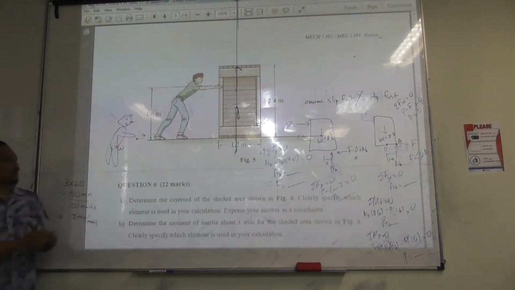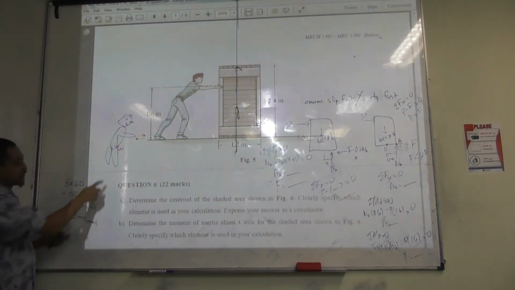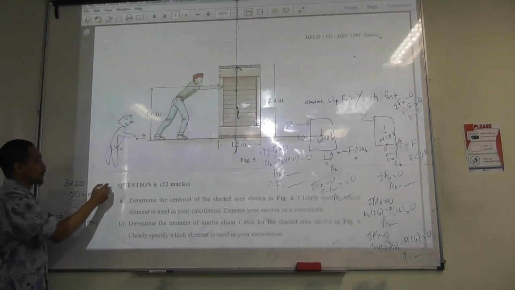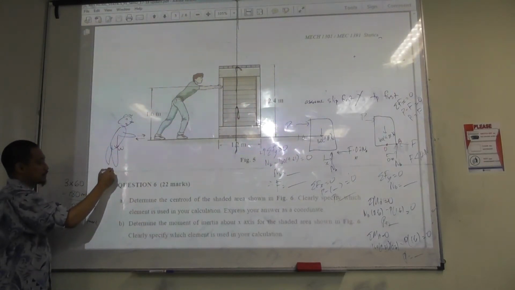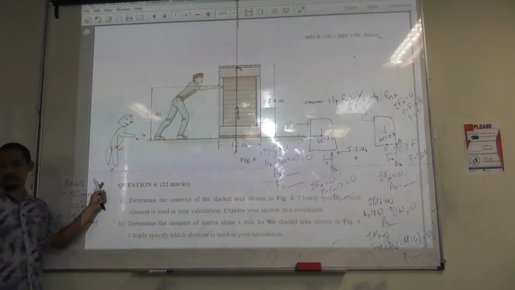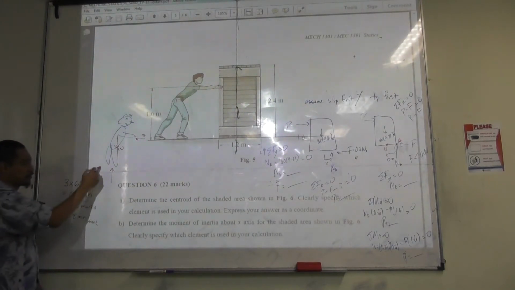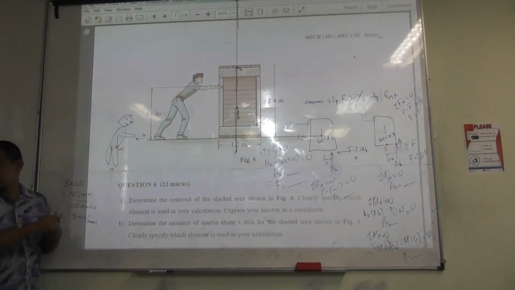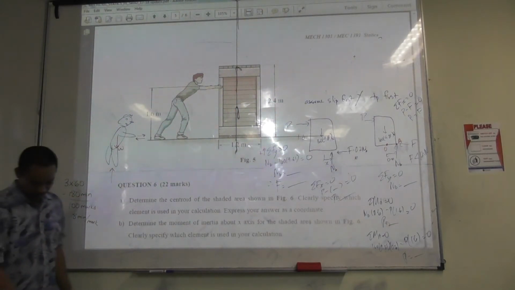Before that, here what do you draw for the normal, upward or downward? What is the meaning of normal upward? If I draw normal downward, it means that the floor is pulling me down.